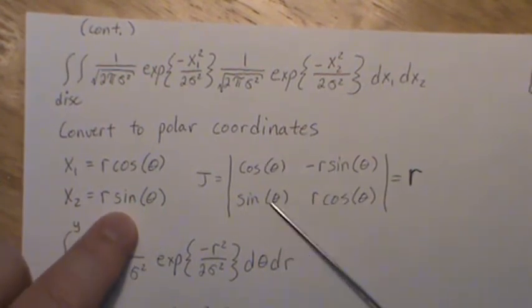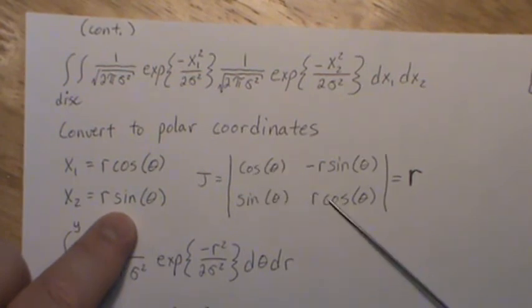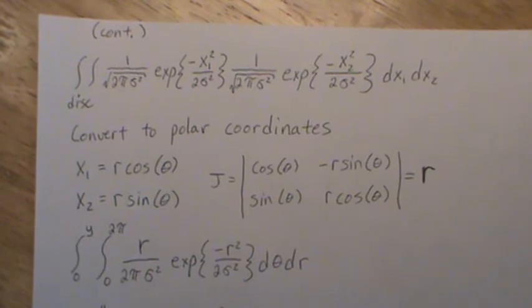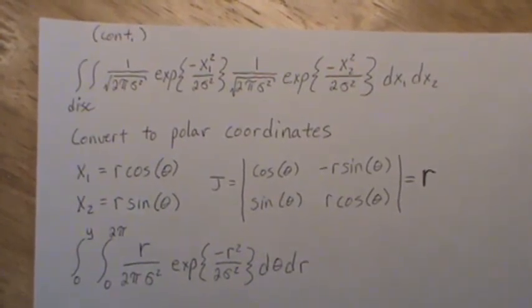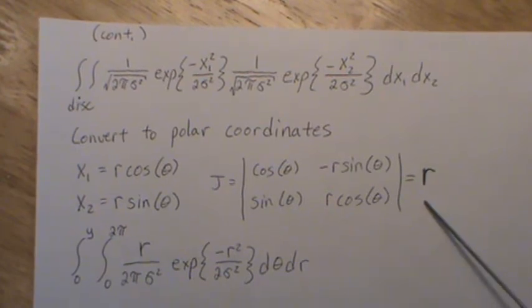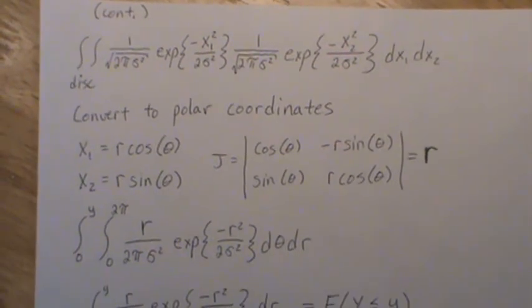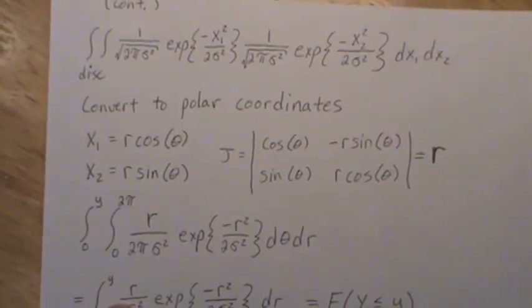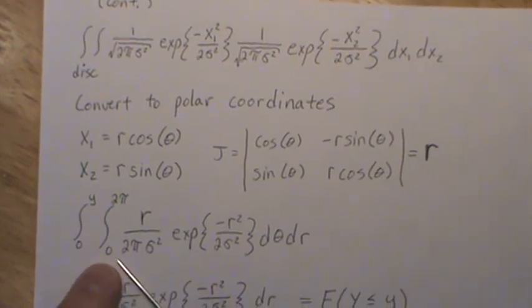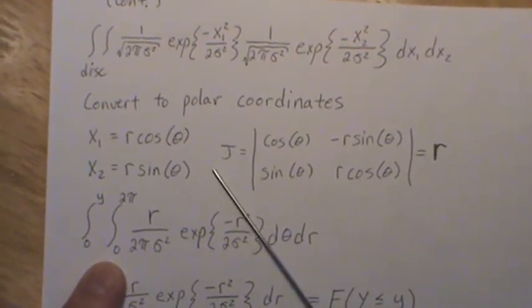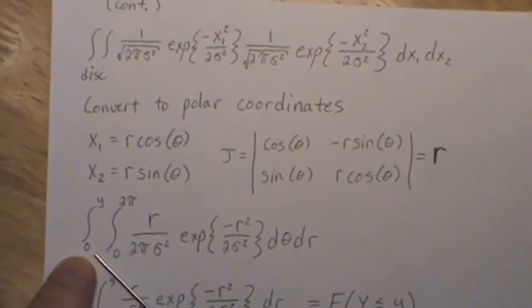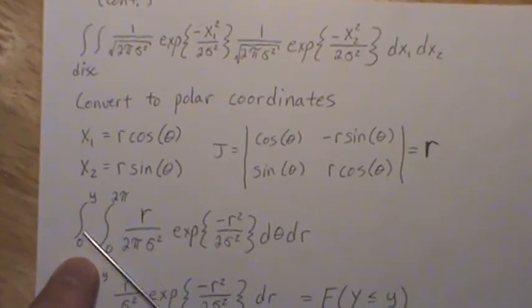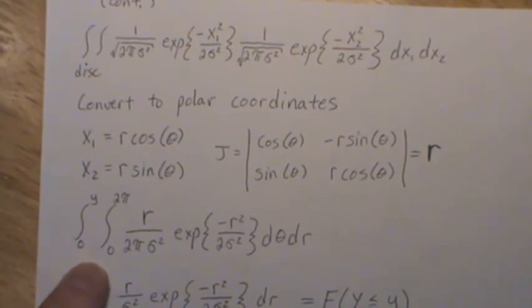And this determinant, you get r cosine squared plus r sine squared. R can be factored out, and then you get cosine squared plus sine squared, which is 1. So that's why we get r. Now, here is the density. The angle of that disk goes from 0 to 2 pi, and the length goes from 0 to y. So that's how we're integrating over the disk in polar coordinates.